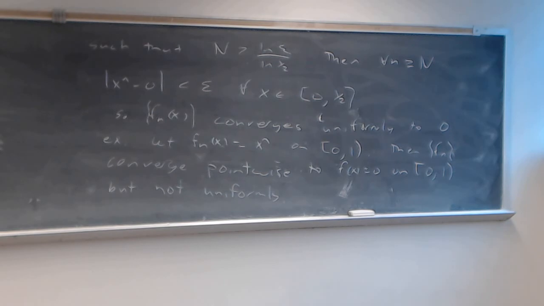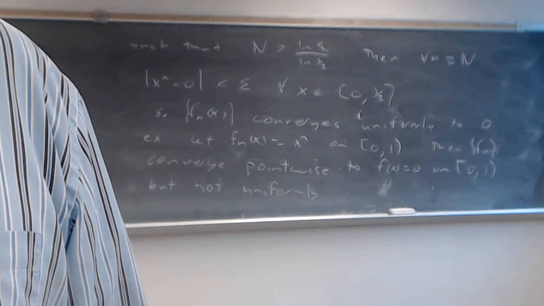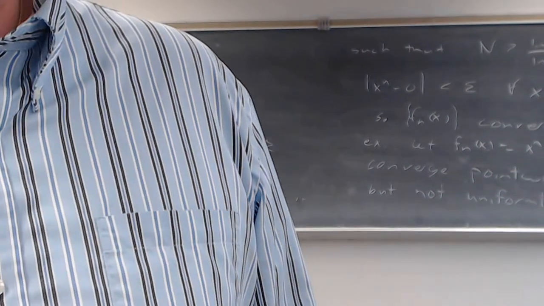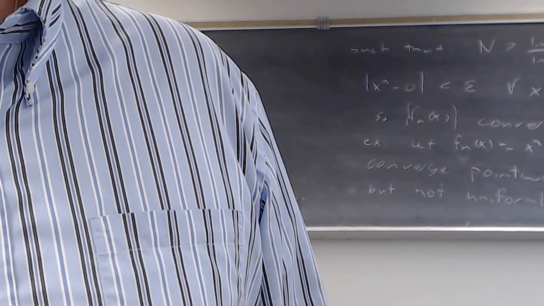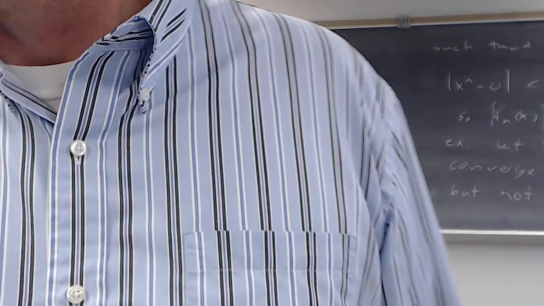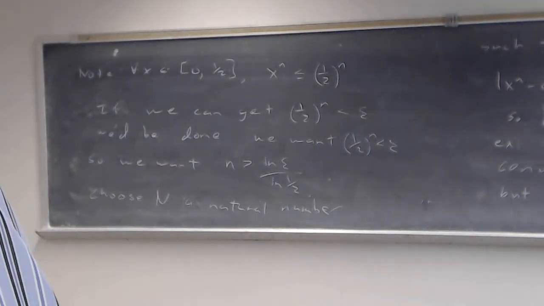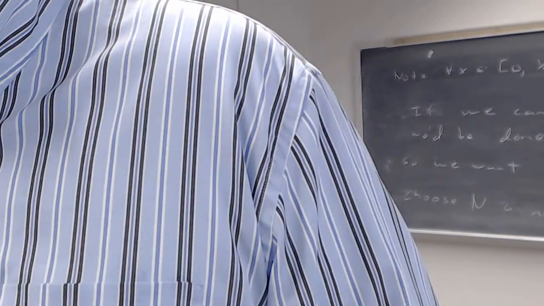Okay. The pointwise convergence we did, it's with that ln of epsilon over ln of x. We already did it. The thing I want to concentrate on is why it is not uniform.